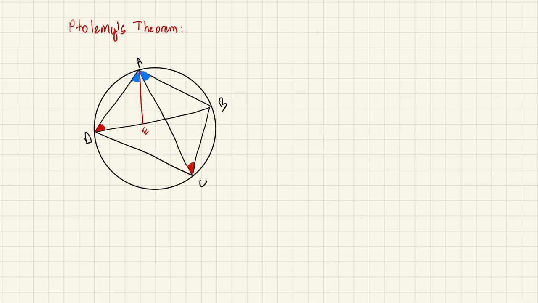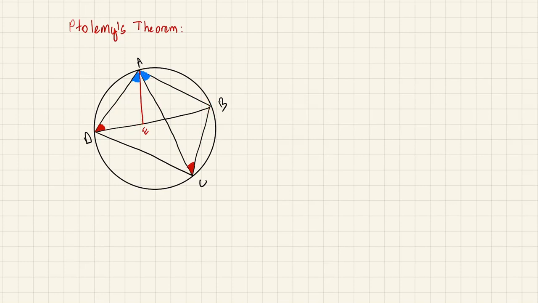Now we have two triangles. Let's look at this triangle, and we have red and blue angles. And in this triangle, ABC, that triangle also has two same angles, the red and blue angles. That means the third angle, this E and this B, needs to be congruent as well, which tells us these two triangles are similar.